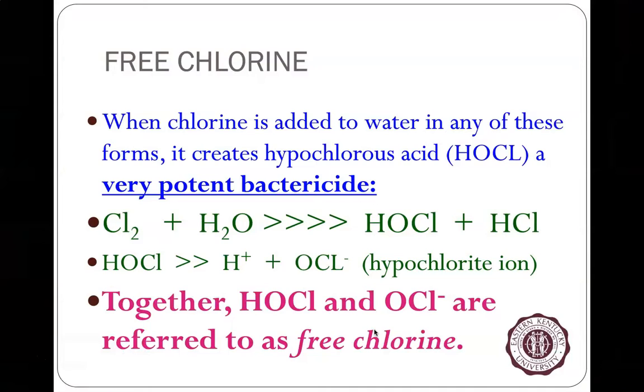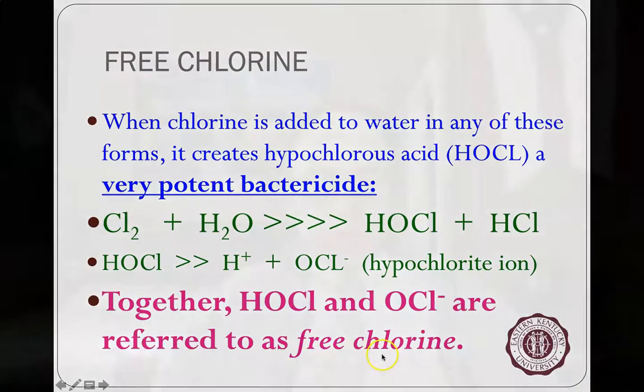Hypochlorous acid. Which one actually forms at lower, acidic pHs? Hypochlorous acid. Can OCl-, hypochlorite ions, disinfect? Yes, they can disinfect. Together, they are called free chlorine.